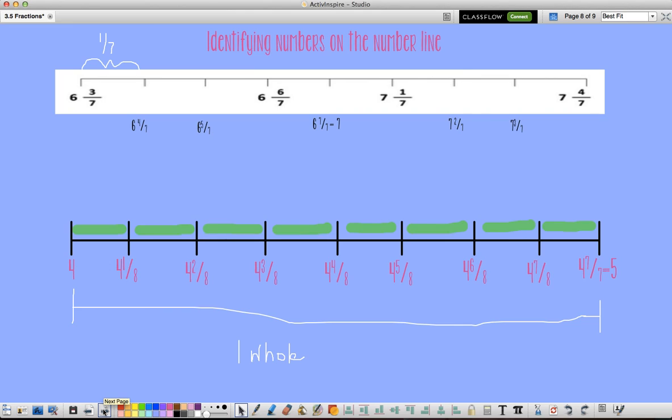And now it's not just going to be a whole number, it's actually going to be what we call a rational number. It's just going to be a number with a fraction. It could be just a fraction or it could be a mixed number. It all depends on where it is. If it's between 0 and 1, then it's just going to be a fraction because 0 tells me I don't have any whole groups. Once we get past 1 though, then we're starting to talk about whole groups and mixed numbers.